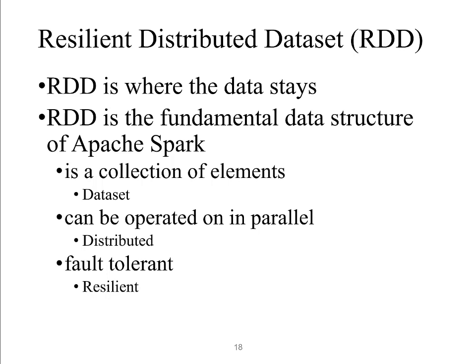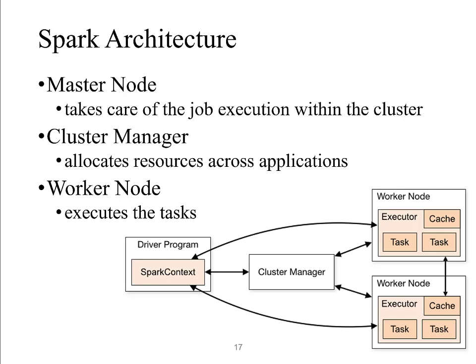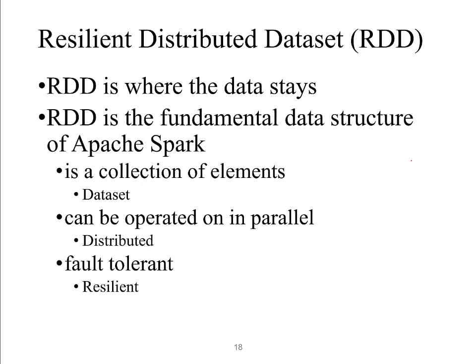So you can do the computation or other operations on different nodes of the cluster. Back here, you have different worker nodes. The data in the RDD will be split and sent to different workers, so they can do their computation in parallel. So that is distributed.